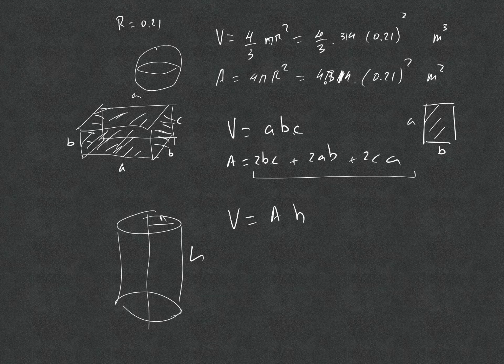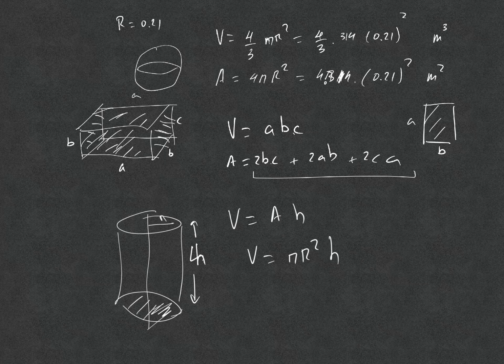Let's say the height is h. So the volume is the area of the circle we saw the first time, pi r squared, times h. So you plug in numbers and you calculate.